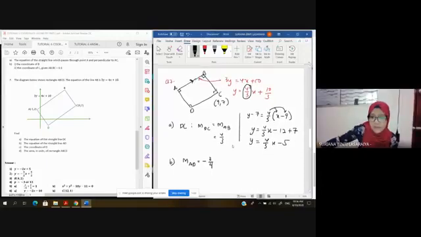Okay. So the equation of AD, you know the coordinate of A, (negative 1, 2). By using the same formula, y minus 2 equals negative 3/4 (x minus negative 1), which is plus 1.